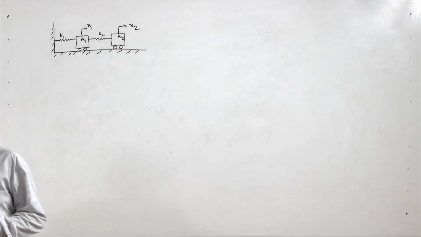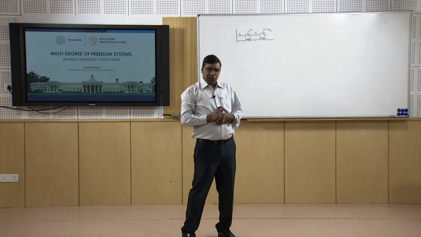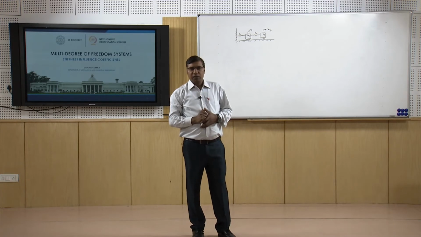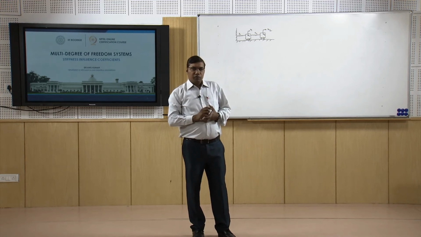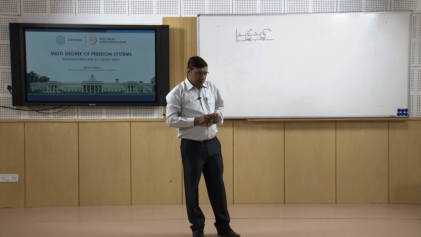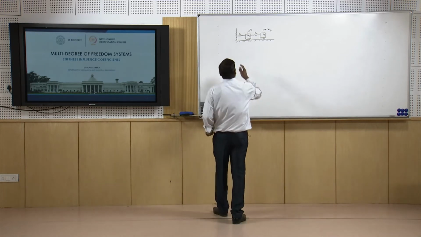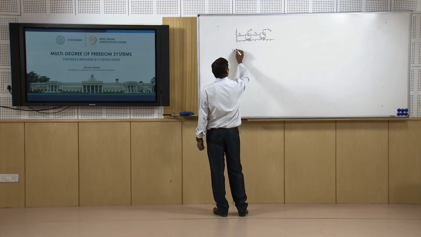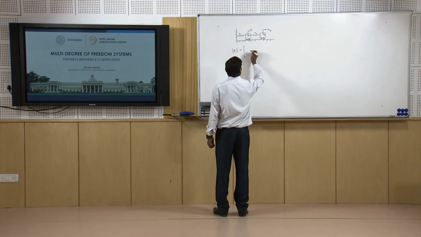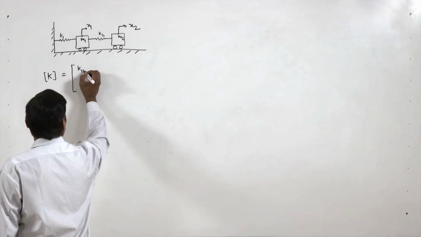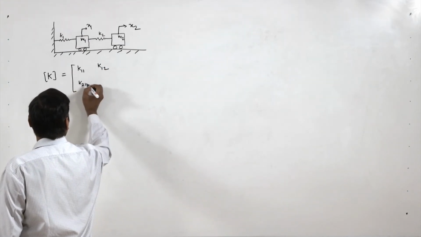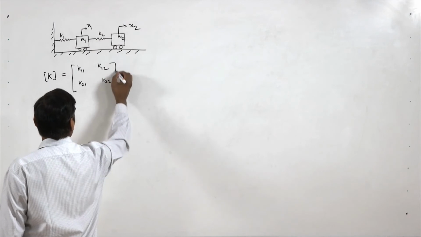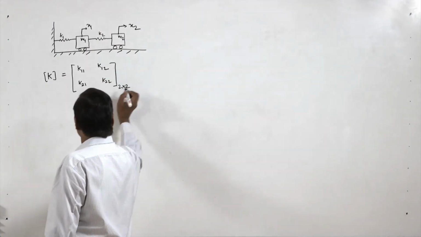We have this 2 degree of freedom system consisting of two masses m1 and m2 and two stiffness elements k1 and k2. Now we have to find the stiffness influence coefficients, and so the stiffness matrix K. It will have K11, K12, K21 and K22 because it is a 2 degree of freedom system.